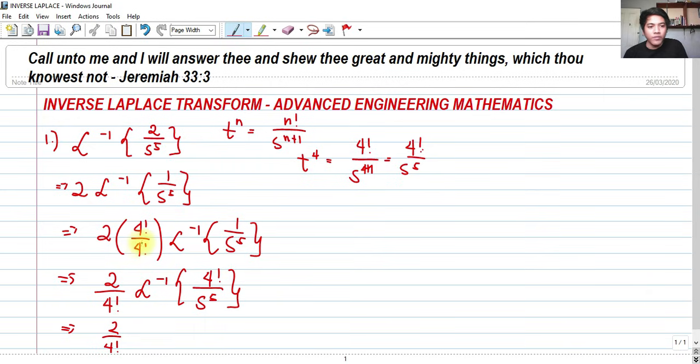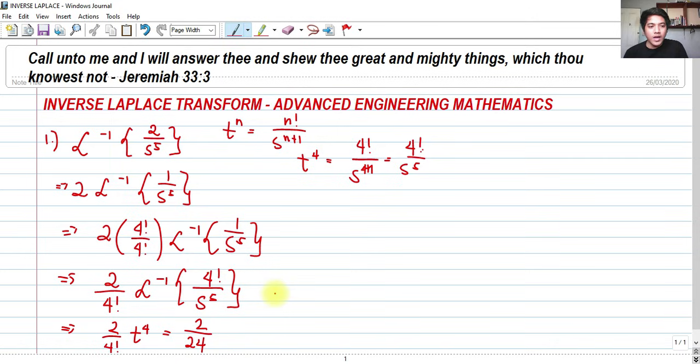Again, 4 factorial over 4 factorial is equal to 1, so we are multiplying the whole function by 1. That is valid. The inverse Laplace of this is simply t raised to 4. So we have 2 over 4 factorial, and 4 factorial is 1 times 2 is 2, 2 times 3 is 6, 6 times 4 is 24.